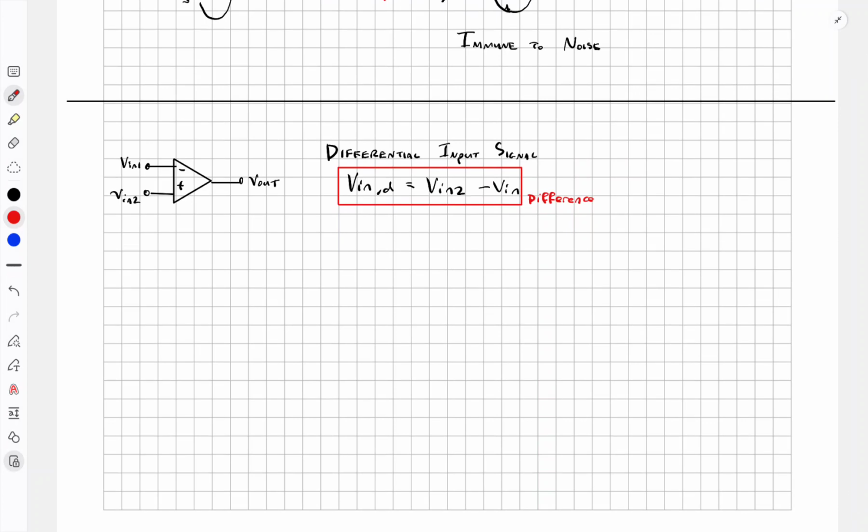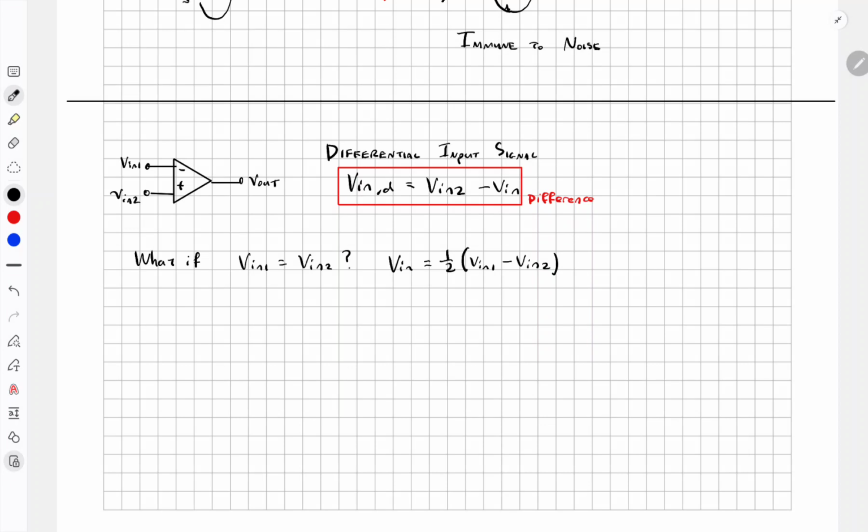Meanwhile, what if V in 1 is equal to V in 2? In this case, V in is just taking the average of V in 1 and V in 2.